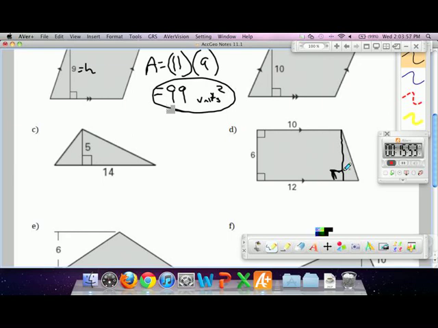So, for example, this distance better be the same as this distance. What's this little piece right here? 2. Better be 2 because if we make a rectangle, now we should have 10 and a 2 because the whole thing was 12.